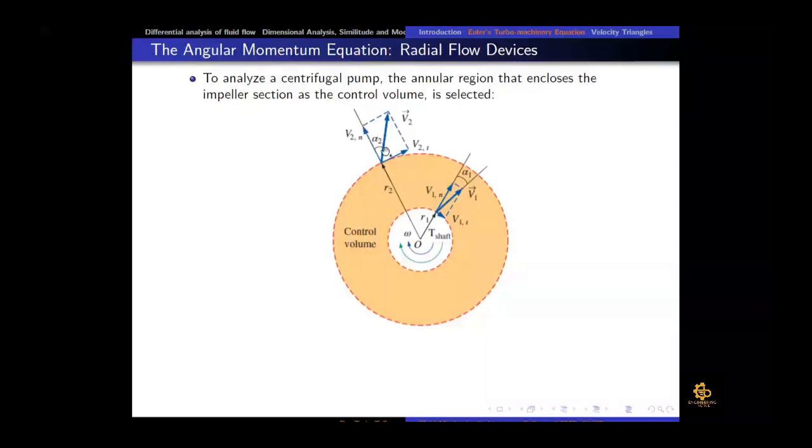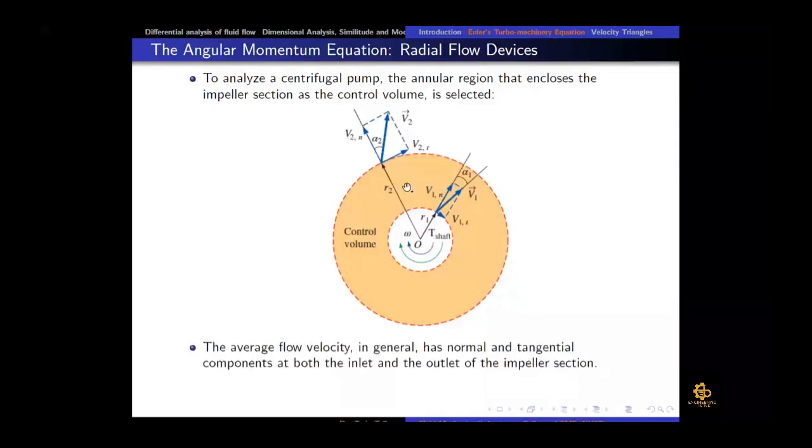When we talk about the mass flow rate, we are concerned about the normal component going out. When we talk about the generation of torque, we are more concerned about the tangential component. The tangential component creates torque, and the normal component determines the mass flow rate through the pump.